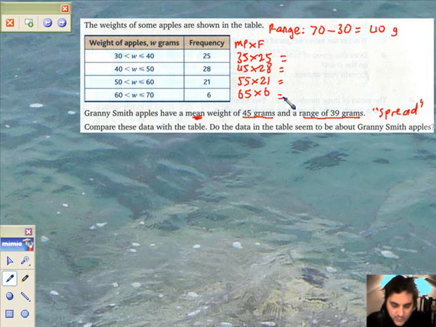So what do we got here? We've got 35 grams times 25 of these little apples. So these 25 come to 875 grams.